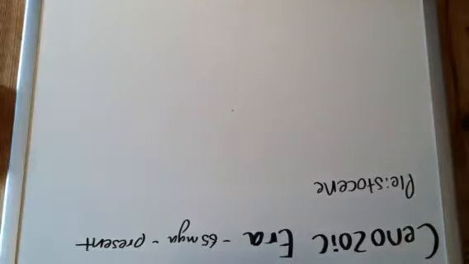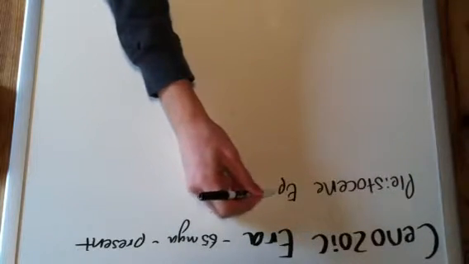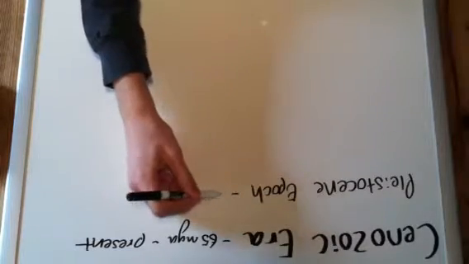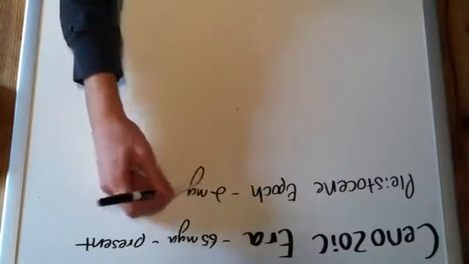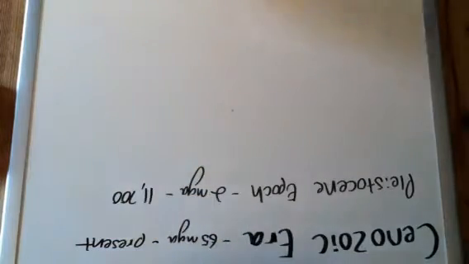I always get mixed up, yeah, it's E then I. The Pleistocene epoch, which was 2 million years ago, following the end of the Tertiary, to about 11,700 years ago.